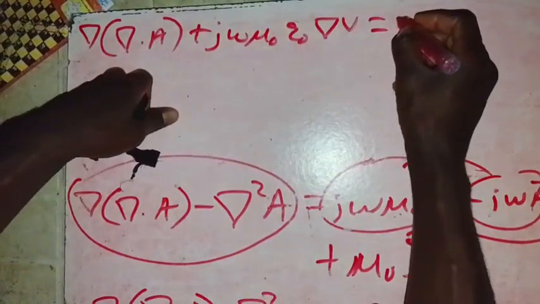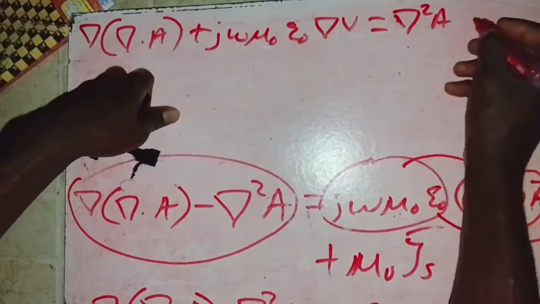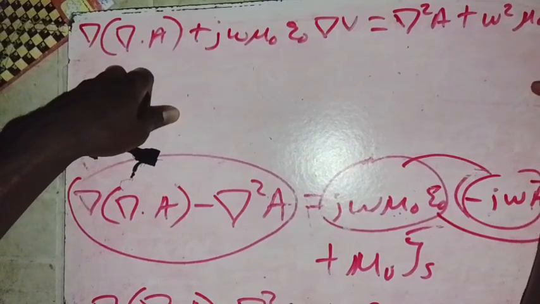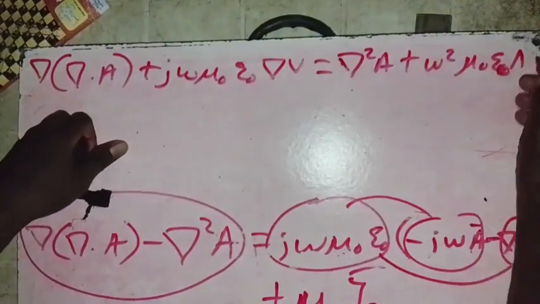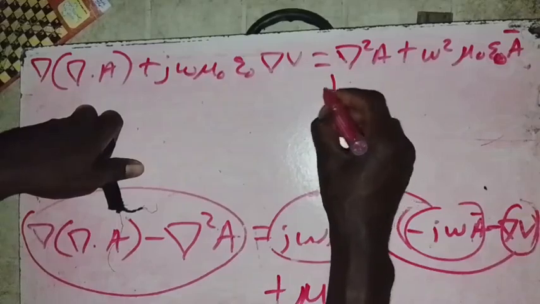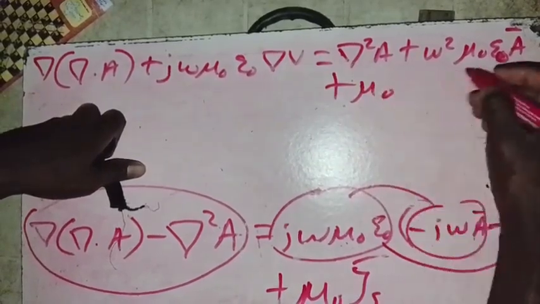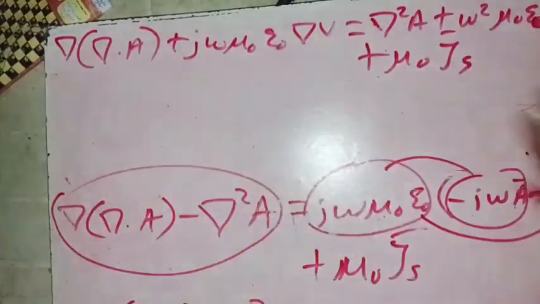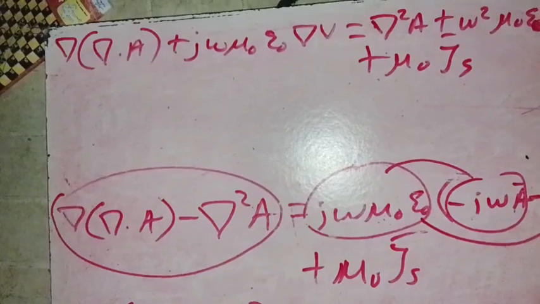That will give us this, then this one. Okay, so we can see all positive signs there.